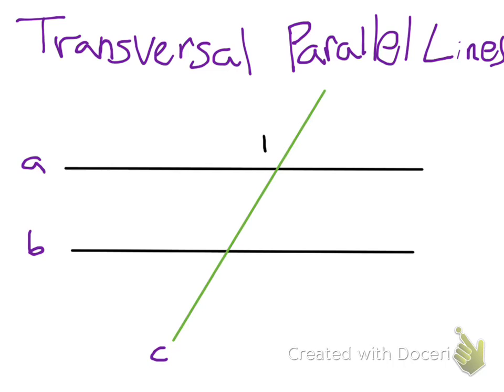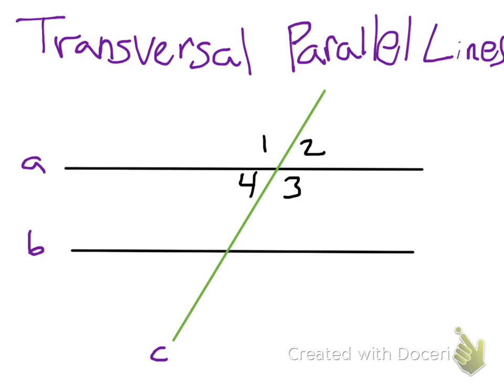So the first thing I want to do is label my angles, and so I'm going to do that angle 1, 2, 3, and 4. And if I've labeled those angles, I can think back, and just by looking at line A, I can remember some properties of angles. I know that supplementary angles are two angles that when added together are going to equal exactly 180 degrees.